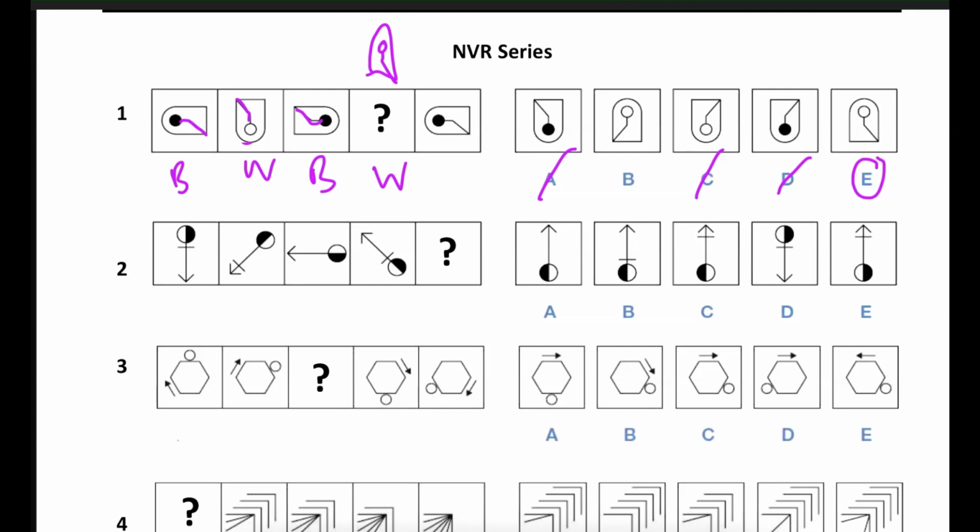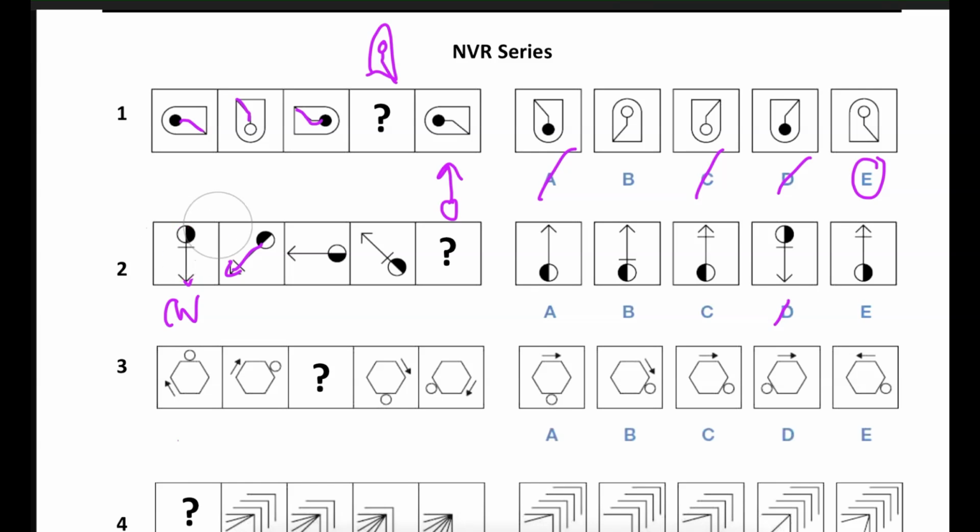So the circle with the arrow shape is rotating clockwise each time, as you can see. So here it's going to be pointing up like that. So we can rule out D.